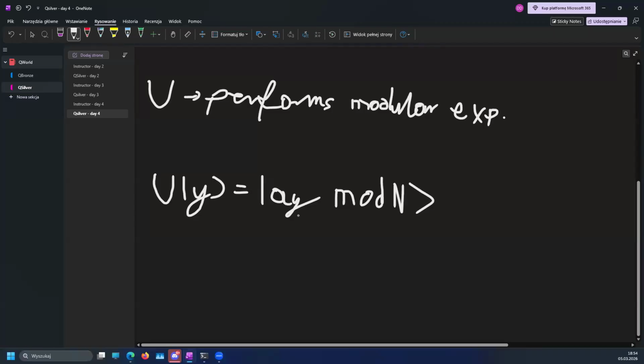And if this big N can be written using n bits in binary, then quantum state Y requires n qubits.